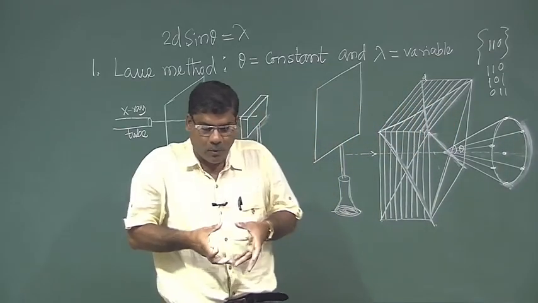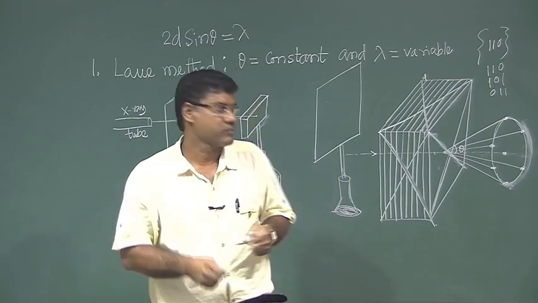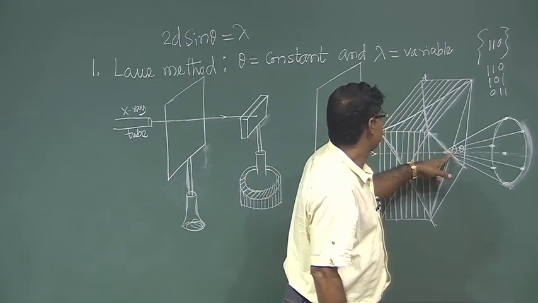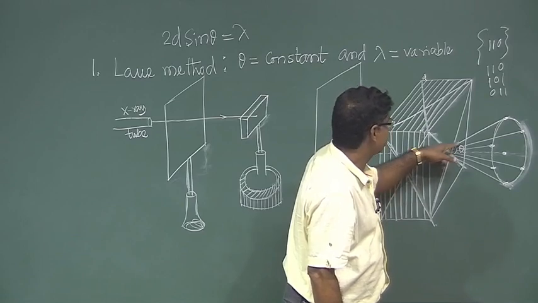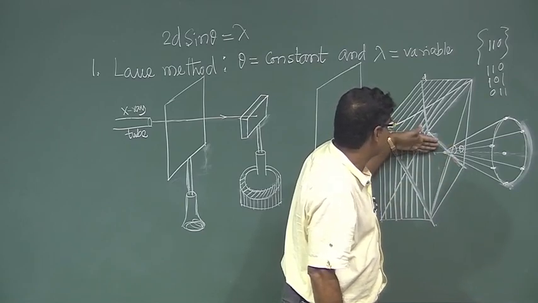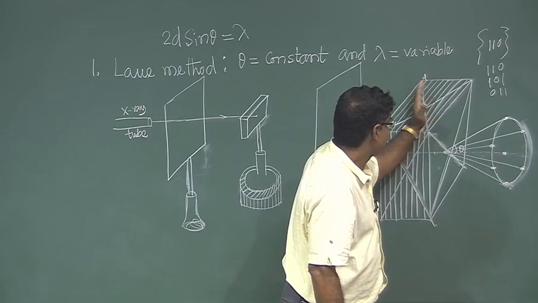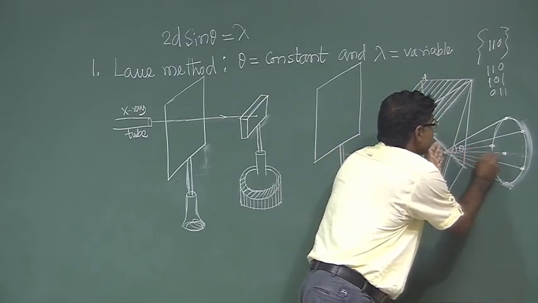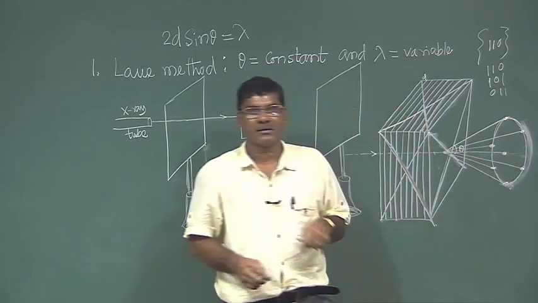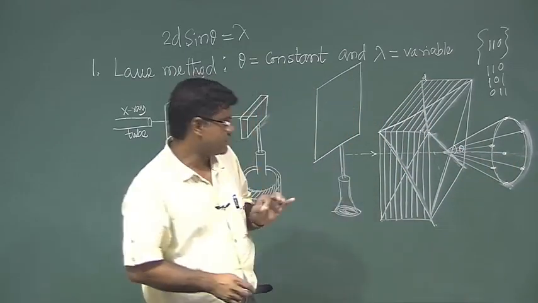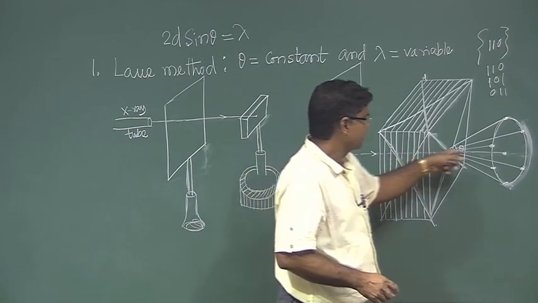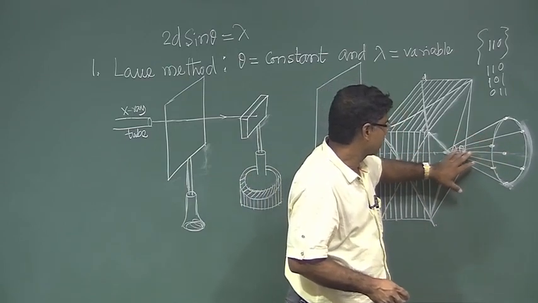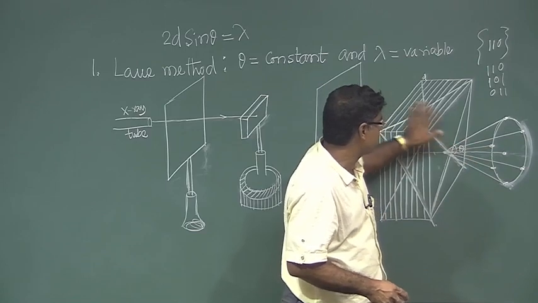So it will form a cone with angle theta, whatever angle it makes with one of the planes. This is the axis of this cone, the direction of the incident X-ray, and taking this as the axis of the cone, with angle theta or 2 theta, it depends.